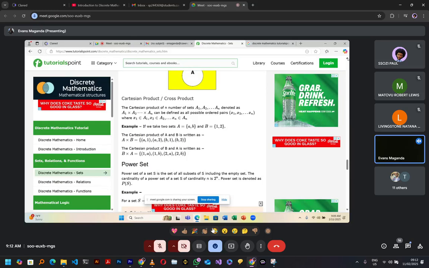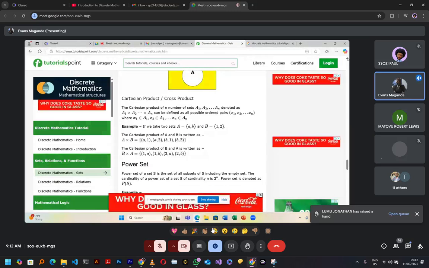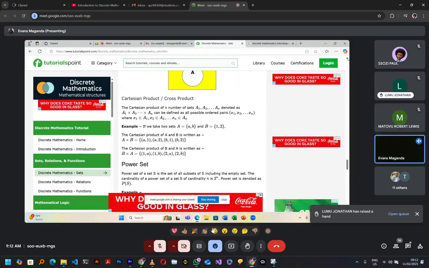So in the Cartesian product, you are extracting the pairs. Number 2, you will have A 2. Number 3, you will have B 1. And number 4, you will have B 2. Then you close the braces.